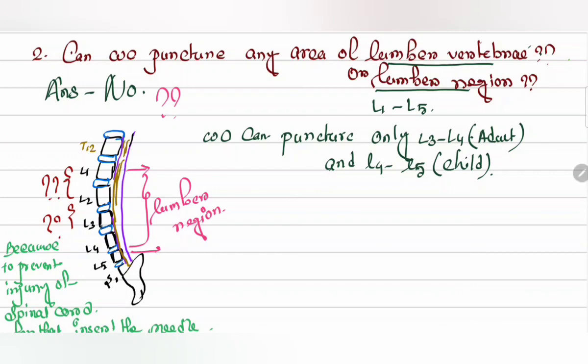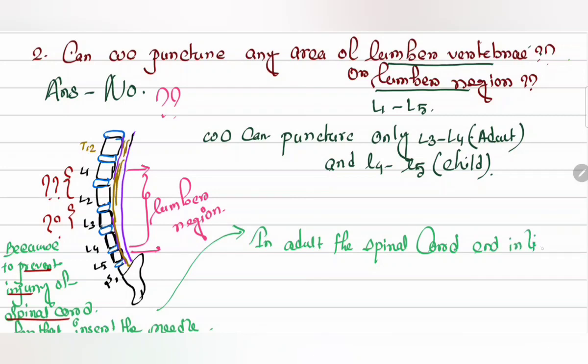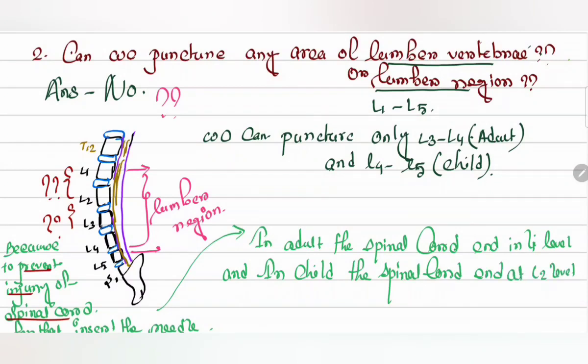So to prevent spinal cord injury, we always insert the needle below the spinal cord. And this spinal cord in adult ends at the L1 level, and in children the spinal cord ends at the L2 level.